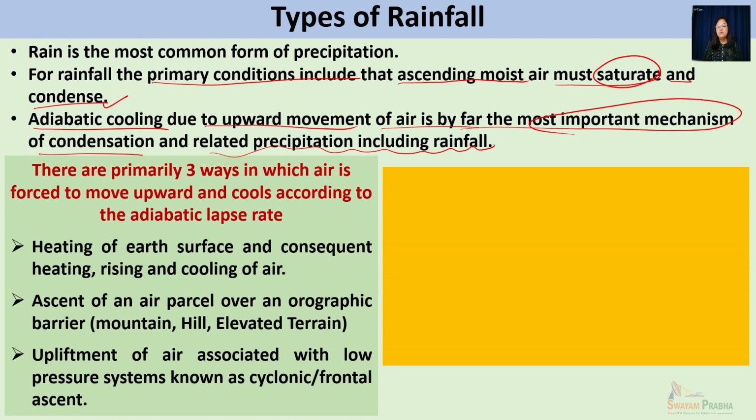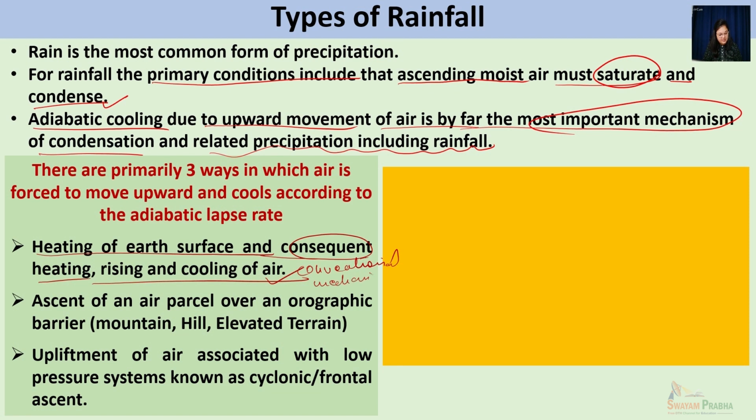Therefore, there are three primary ways in which air is forced to move upward and cool down according to the adiabatic lapse rate. First is heating of the earth surface and consequent heating, rising and cooling of the air, which is also called the convectional mechanism.